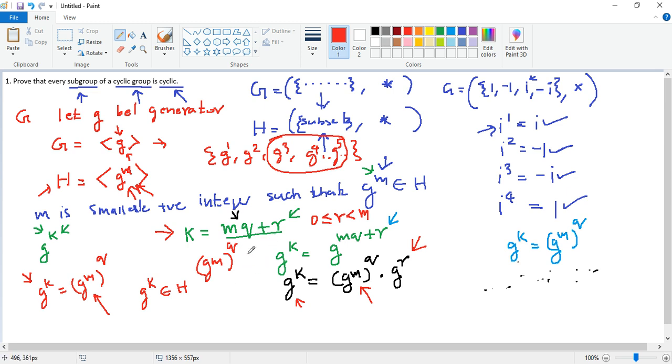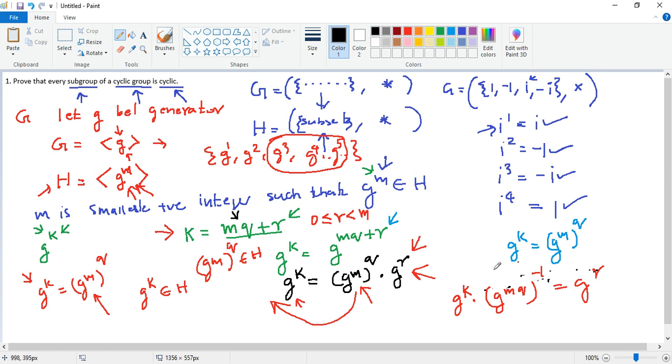So according to the properties of the group, if you multiply an element of the group with itself many times, you still end up in the same group, right? So this is also an element of H, right? Now can I say that g raised to r is an element of H? If I just take this to this side, I can write this as g raised to k times g raised to mq inverse is equal to g to the power r.